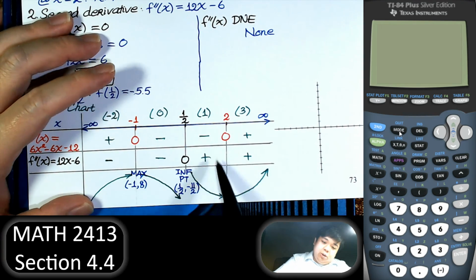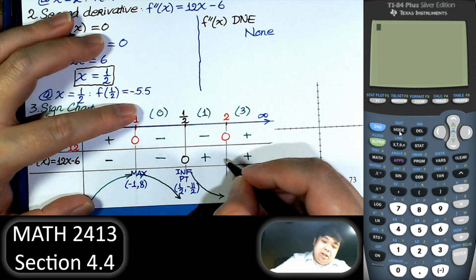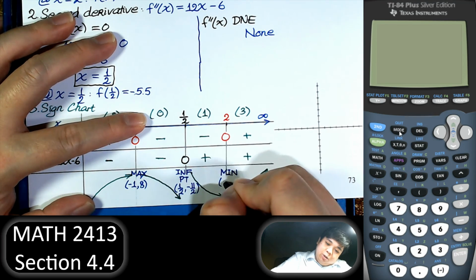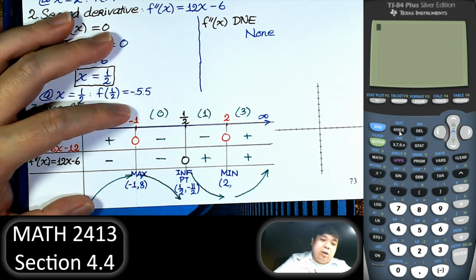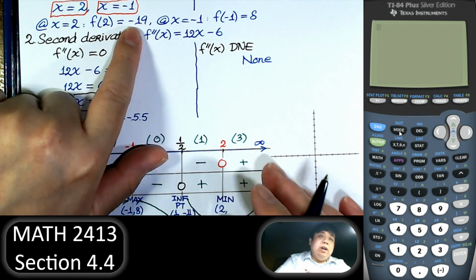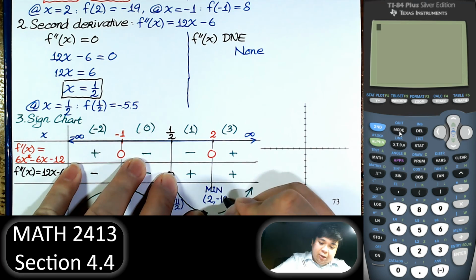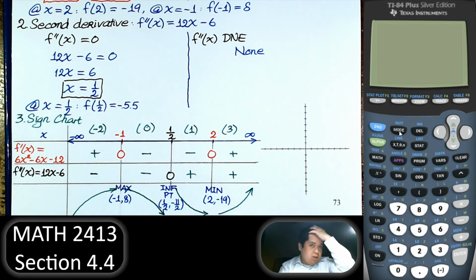And when x equals 2, it looks like this will be a local min. And when x equals 2, y equals negative 19. So those are all the information we get from the first and second derivative.